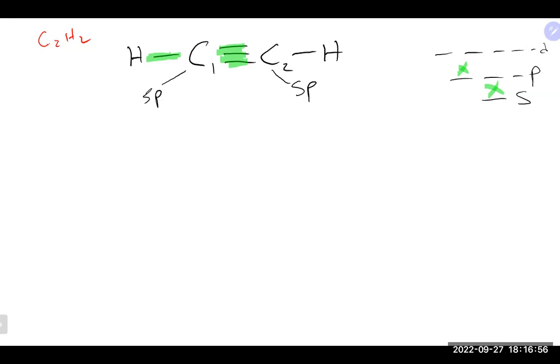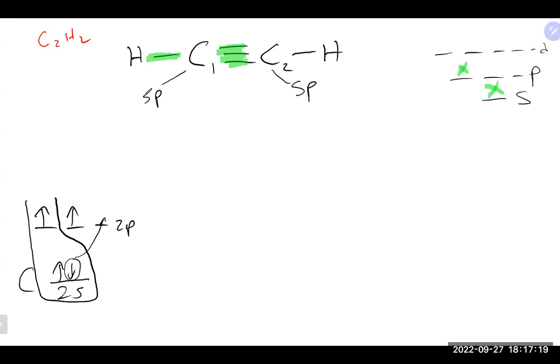So when we do this, we will look at our carbon. And once again, here our carbon has its 4 valence electrons. We're going to get our hybridization, and our carbon is going to end up hybridizing only the S and the P, so just one of those.